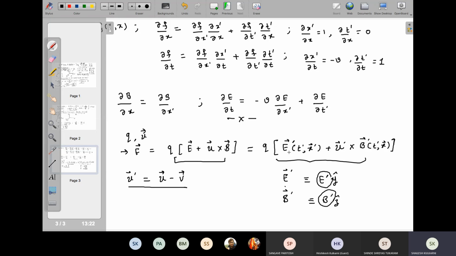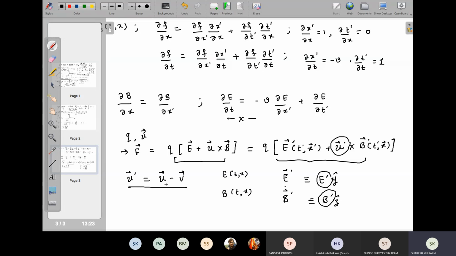Okay, fine. So now your job is to find these new functions E prime and B prime in terms of this E and B. Remember, these will be Tx and this will be Tx. So you need to determine this E prime, B prime in terms of E and B. You substitute this here, in place of this you substitute this.